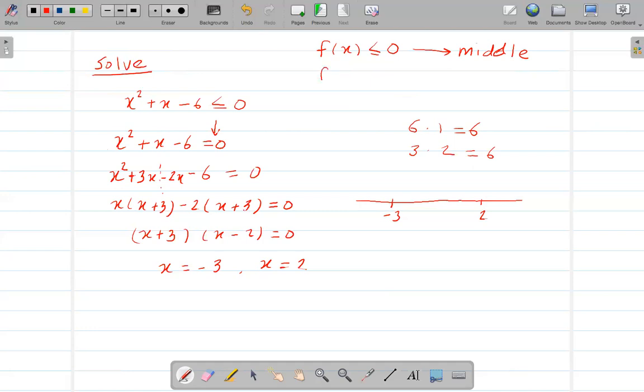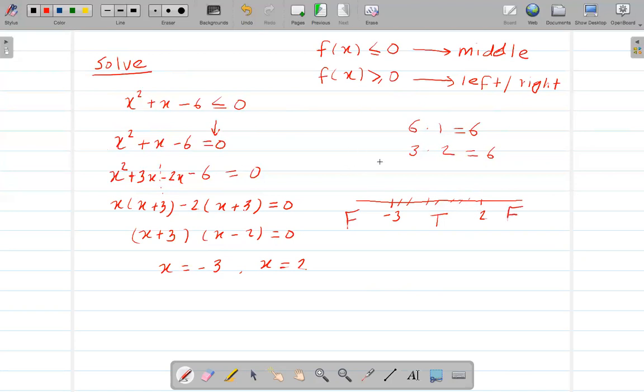And if we have f of x greater than or equal to 0, then our solution should always be these side regions, this or this, the left side and the right side both. So since we have a quadratic function less than or equal to 0, it has to be this region. So this region is true, and this region is false, and this region is false.